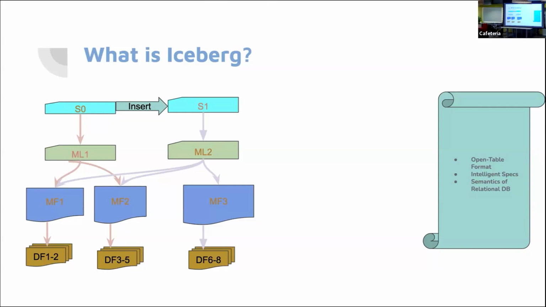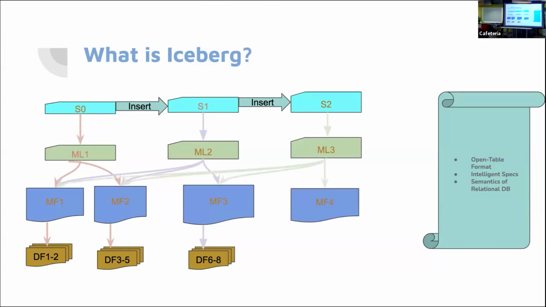What you are creating anew is a reference to the previous metadata files, along with the JSON, which is like a snapshot file, and the manifest list file. Again, you do another write operation, another set of data files gets created, and again it creates a reference to the previous manifest files.